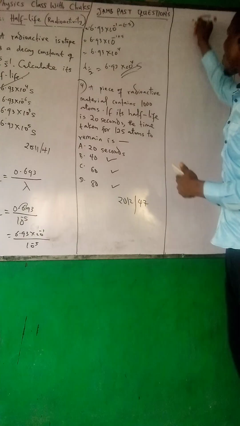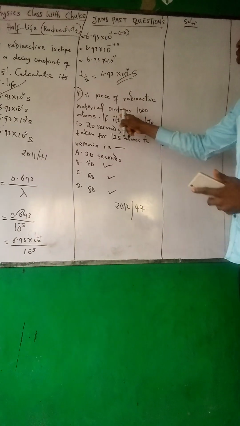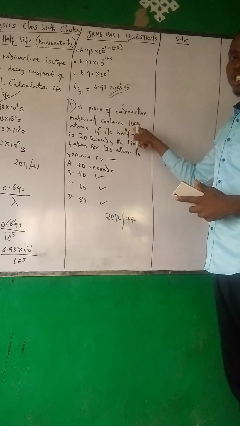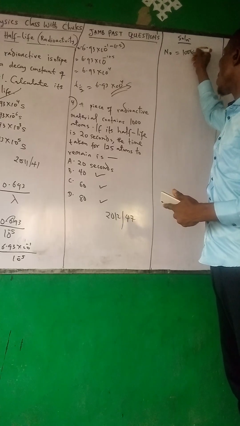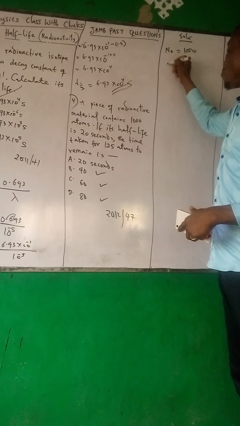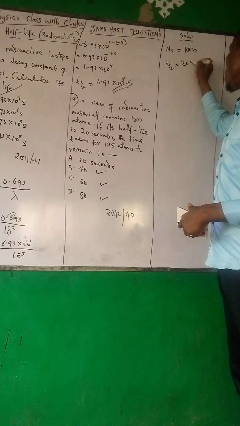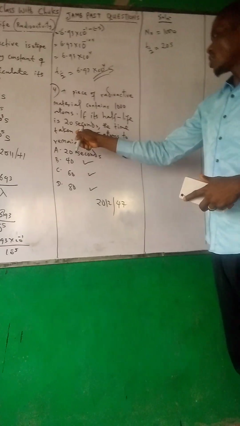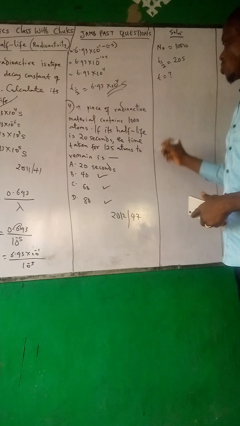Okay, from the question, let's write out what is given. 1,000 atoms, which is the initial amount, so my N naught is 1,000. Half-life, which is T half, is 20 seconds. And the time taken, which is T, is not given.